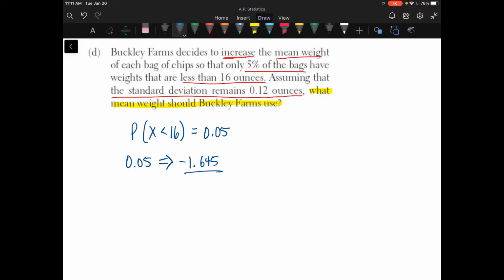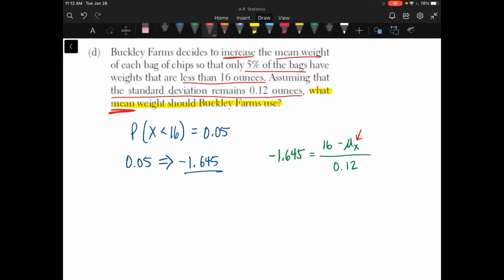So now we have our z, so we use this number, negative 1.645, and that needs to equal 16 minus whatever the correct mean is, divided by 0.12. Right, this is the value that we're trying to find as the mean weight that they should use.